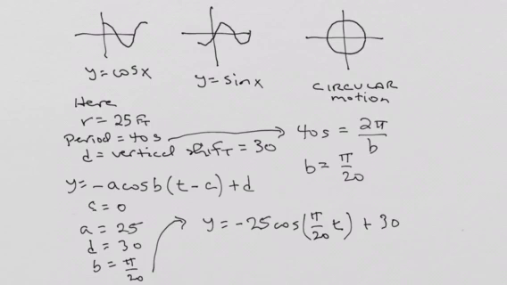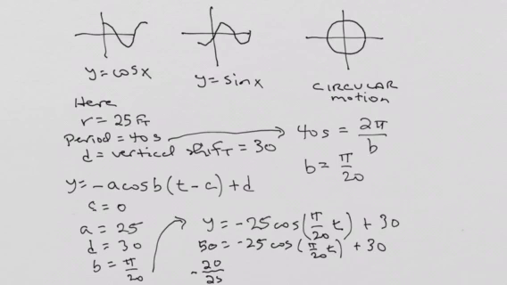Then if I solve that, I don't think you have trouble with this, but let me go ahead and do it all out. So we want the height to be 50, and that equals negative 25 cosine of this business plus 30. I'm going to subtract 30 from both sides, and I'm going to get 20. I'm going to divide by negative 25 too, just to start getting cosine by itself.